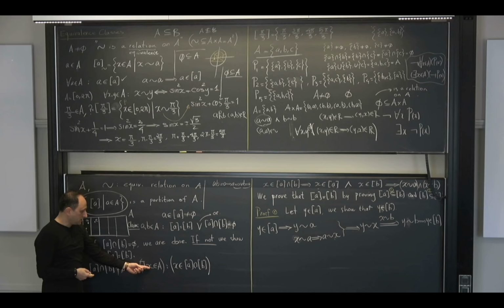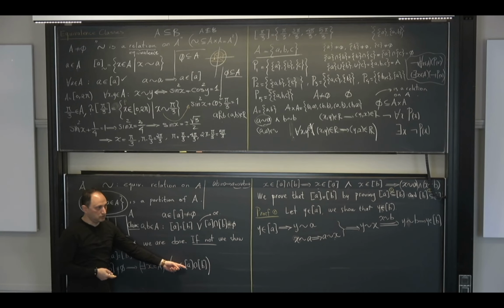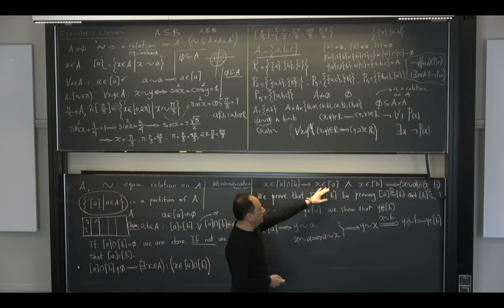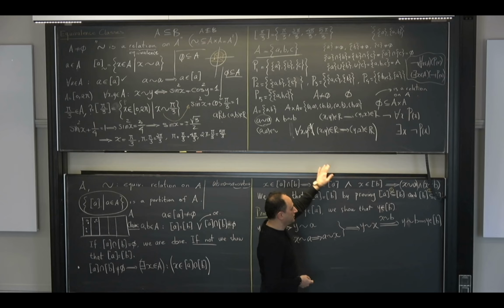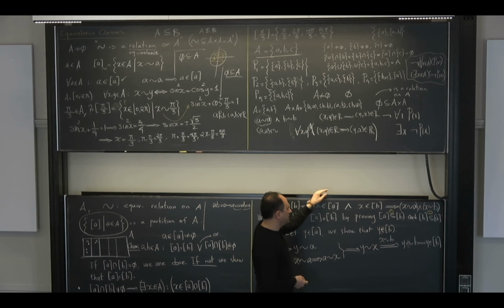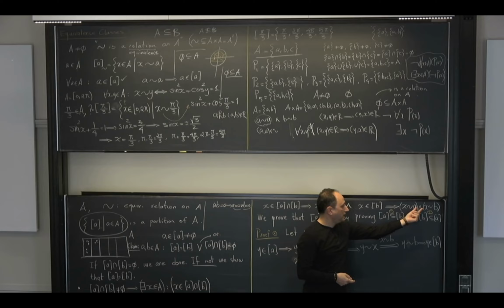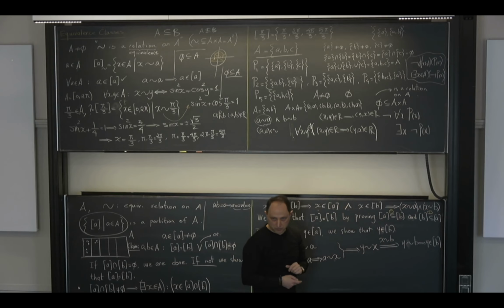There exists something x in the intersection. But when x belongs to the intersection, it means it belongs to the first one and belongs to the second one. By the definition of the equivalence class, it means that x is related to A and x is related to B. But remember, this relation is an equivalence relation. So you can interchange the roles because it is symmetric as well.